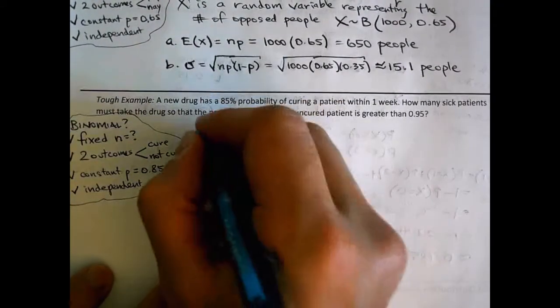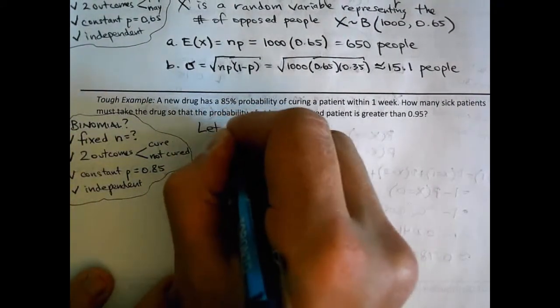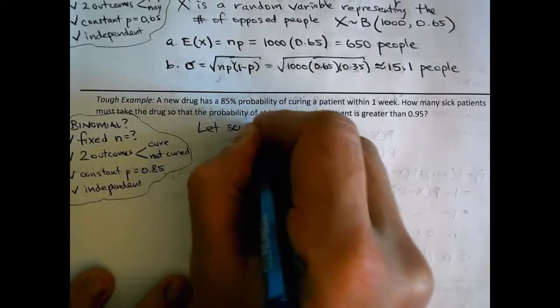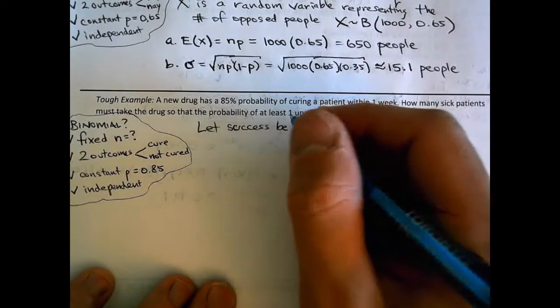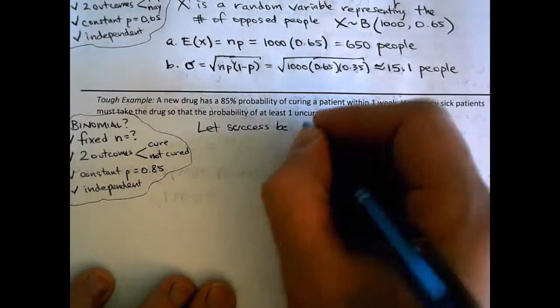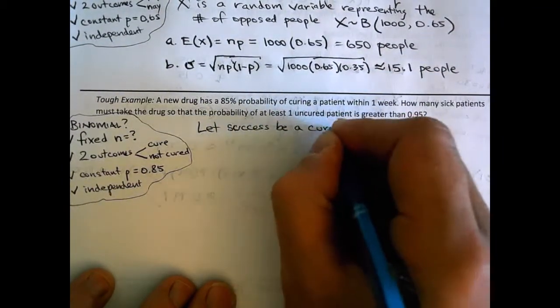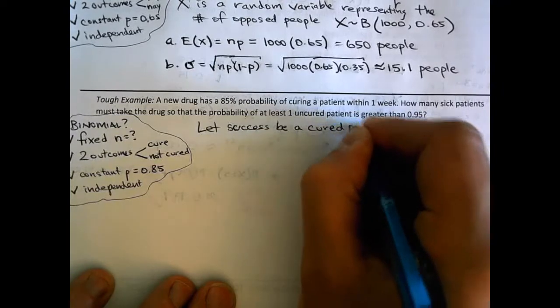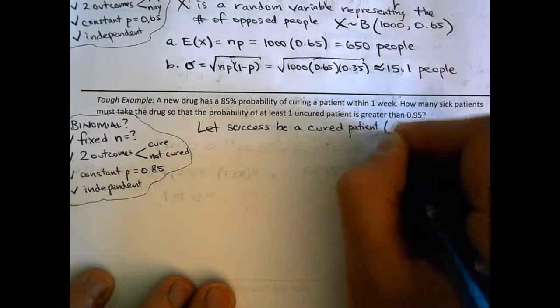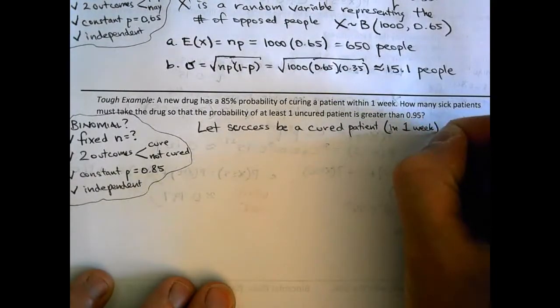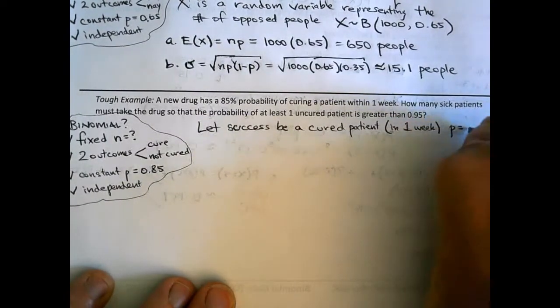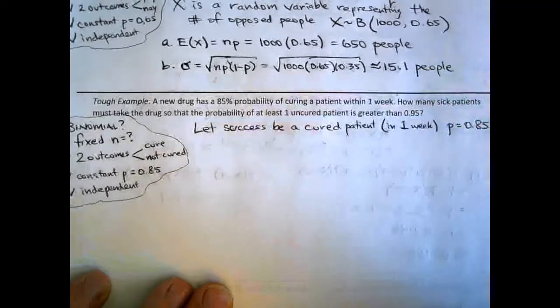So yes, it is. Let's define success then in this case. Let success be a cured patient within 1 week. So that would be the probability of success we know is 85% from the question.